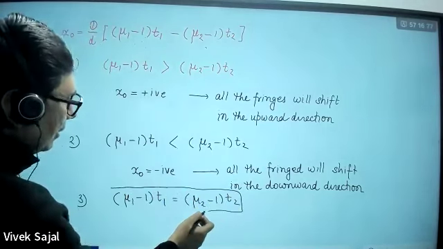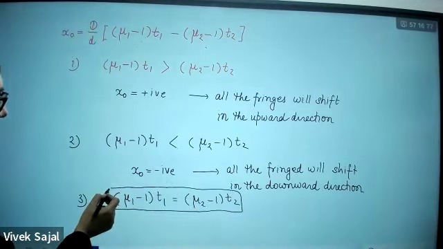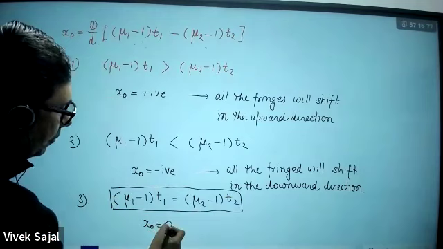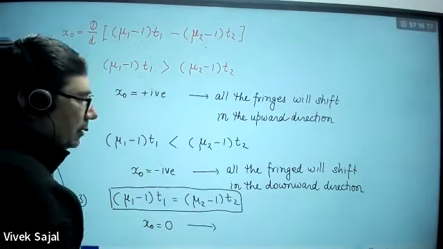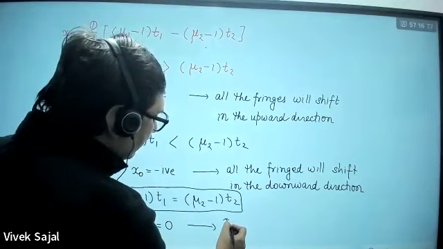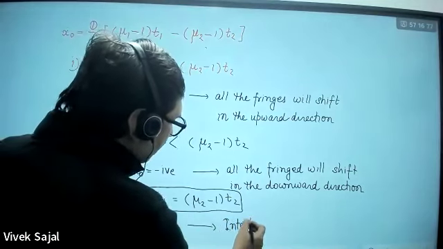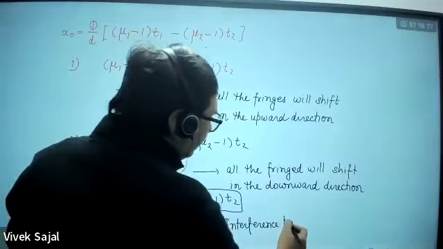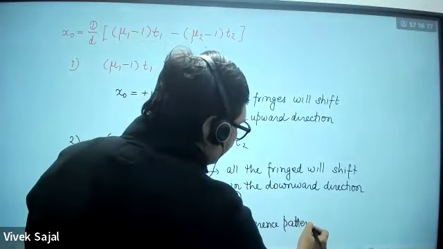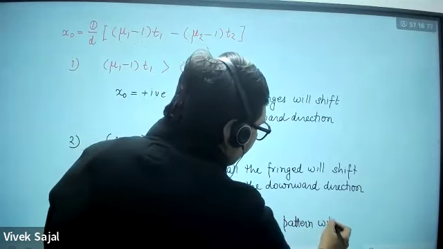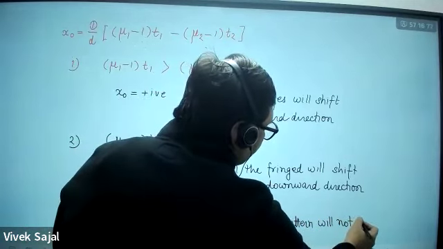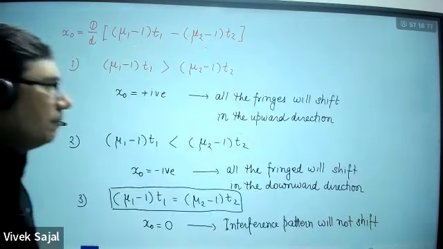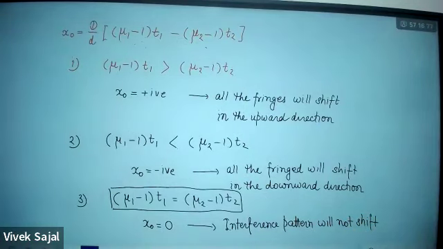If both are introducing exactly equal extra path, then x naught will be 0, so the interference pattern will not shift.